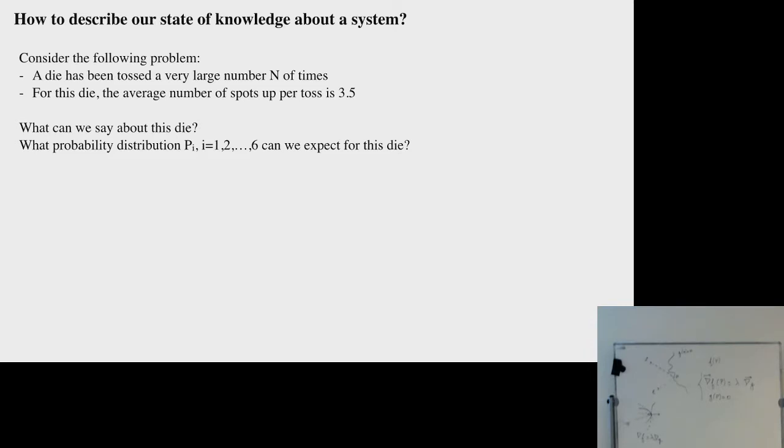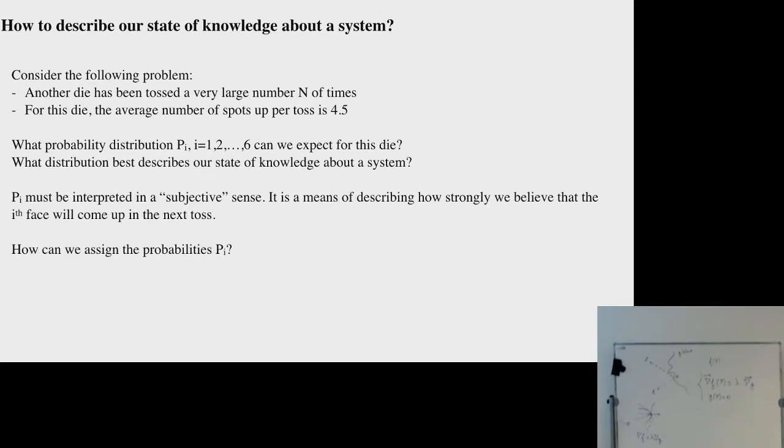Now, we have another system. We have a die, but now the average is 4.5, not 3.5. What can you tell me about this die? I want you to tell me the probability p_i of every number.